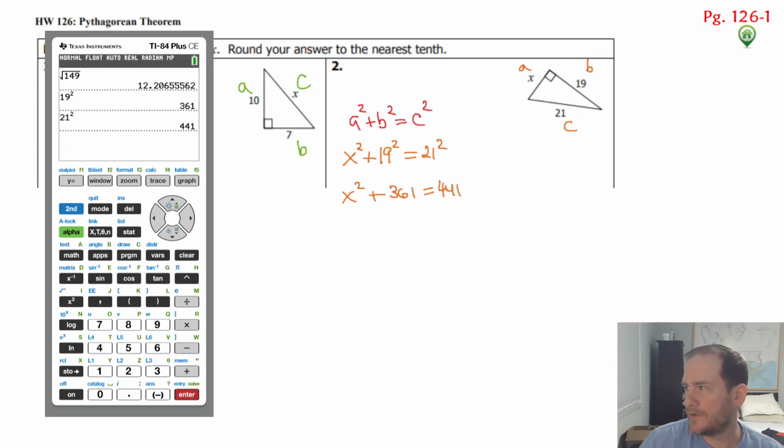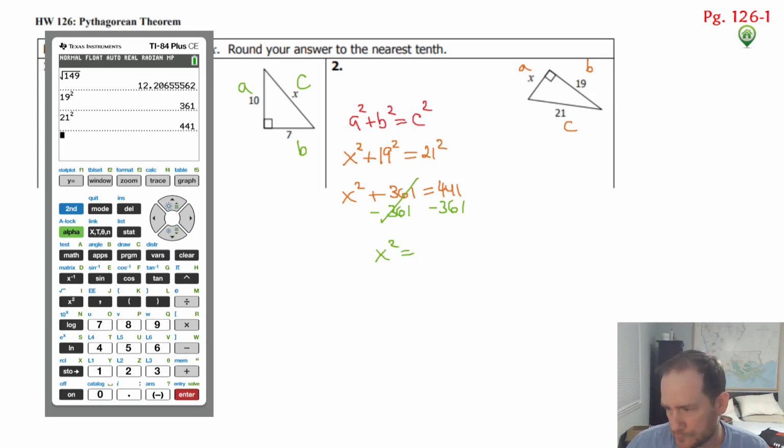So now, to solve for x, to start to get x alone, we would subtract the 361 from both sides. That'll get it to cancel, and you'll get an x squared that equals 441 take away 361, which you can see leaves us with 80.